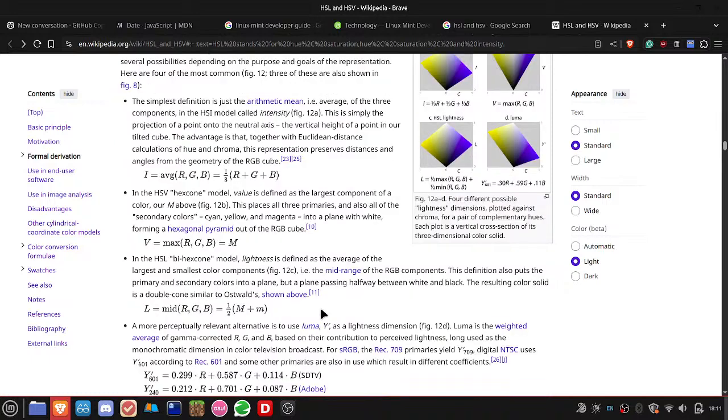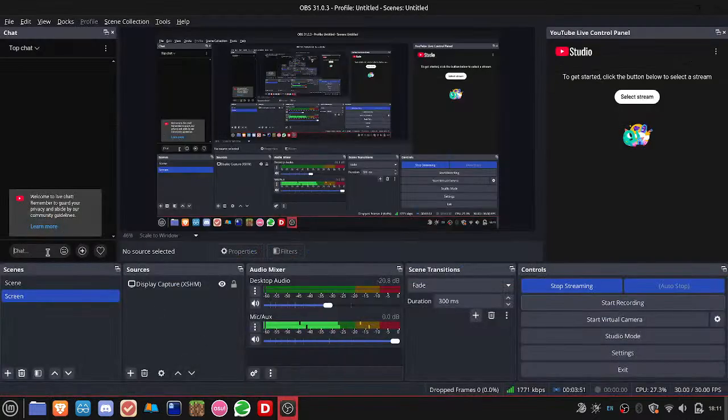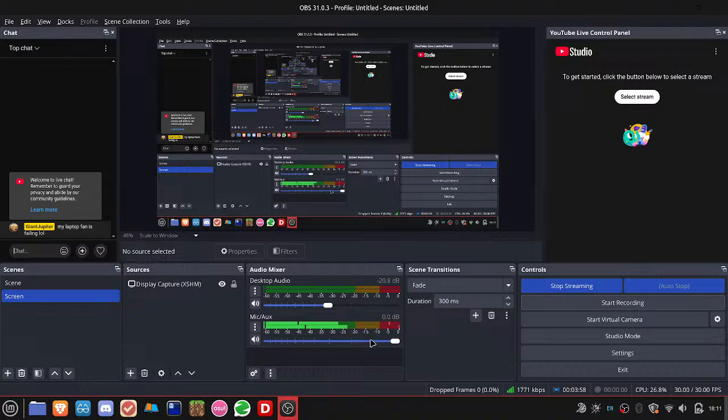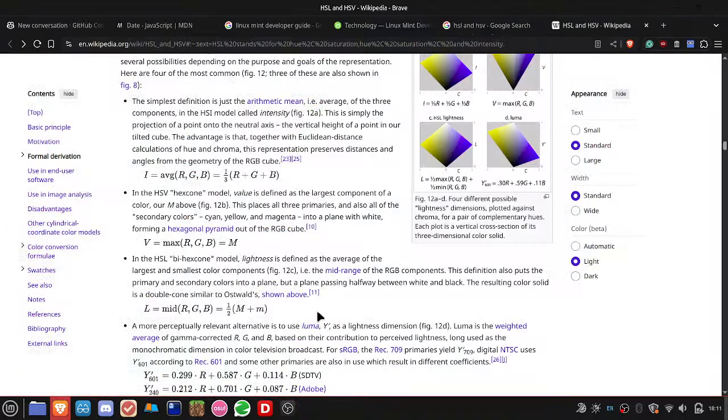Let's talk about the V, the hexagon model. Value is defined as the largest component of a color. In the HSV hexagon model, value is defined as the largest component of a color.